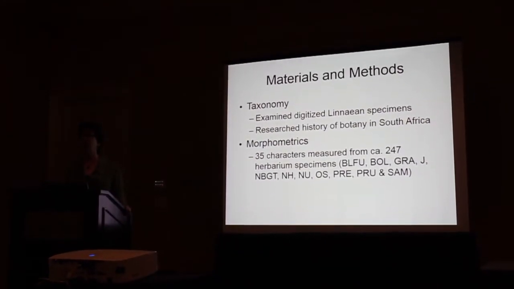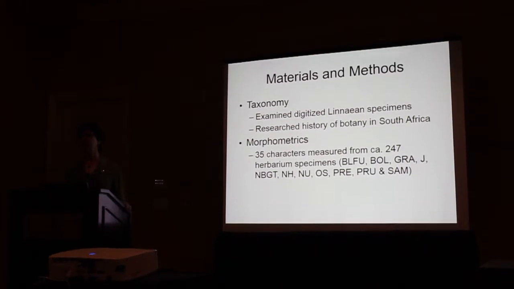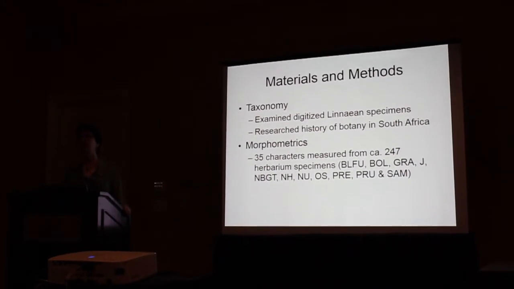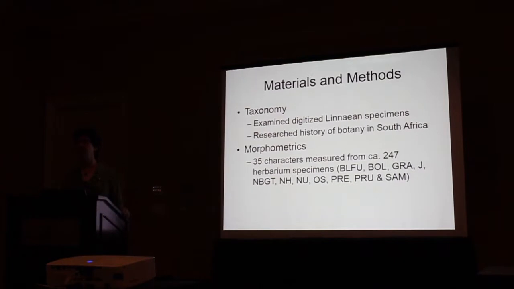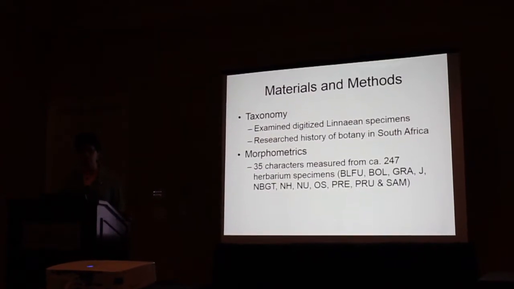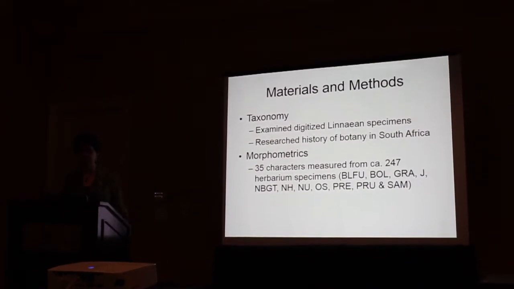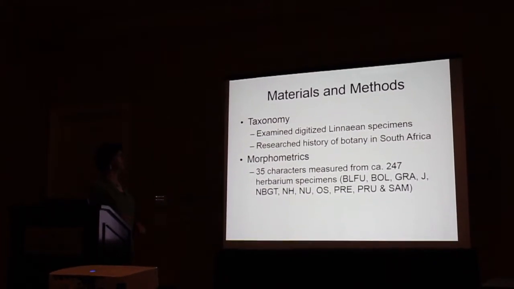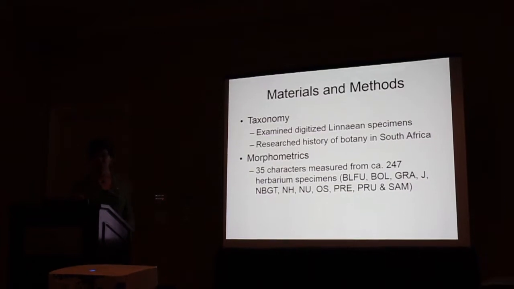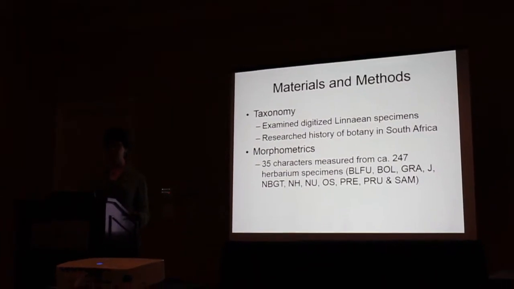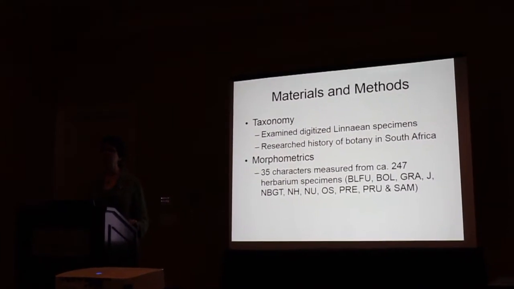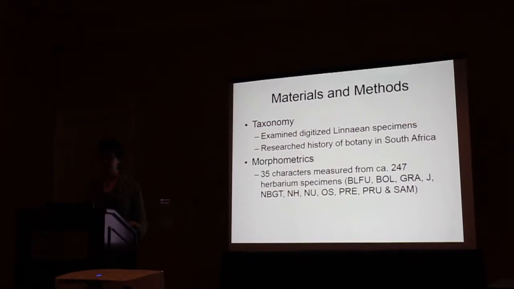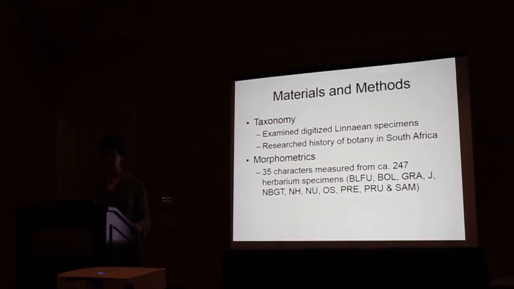There were about 8 specimens digitized, and only one of them had the name Hyobanche sanguinea. And so that should have been the type, right? But there's no information regarding where or when it was collected. So to do some detective work, I had to research the history of botany in South Africa, which was a lot of fun for me personally.